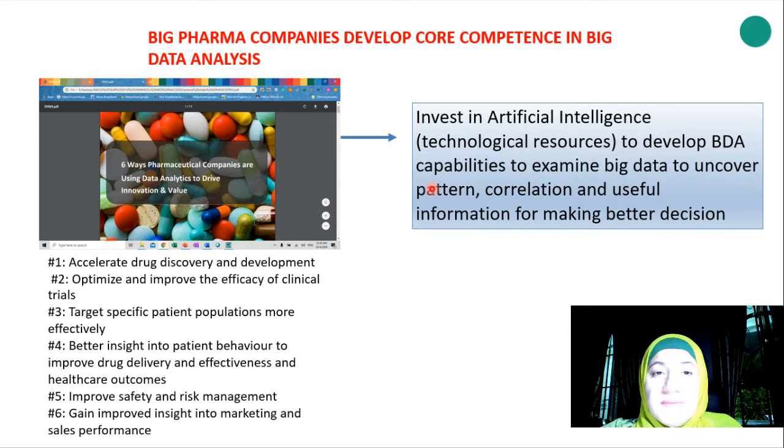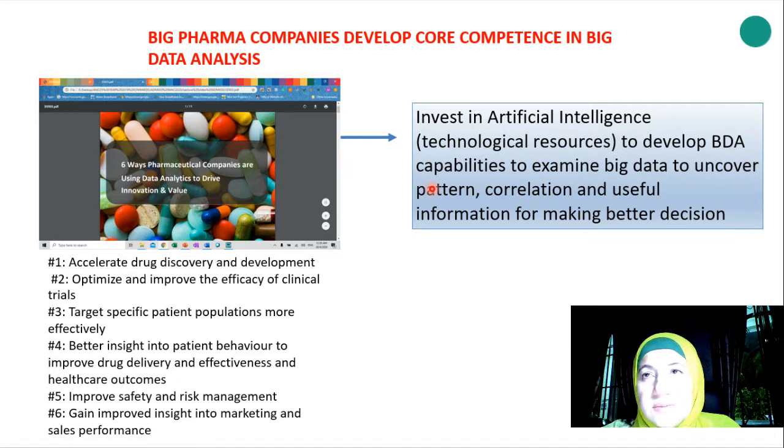Pharmaceutical companies realize that they need to develop their core competency in analyzing the big data that they are facing, because they realize that big data analysis will enable them to create value in 6 areas.